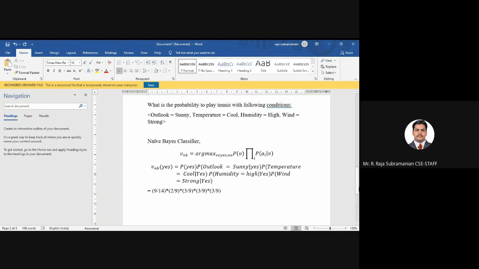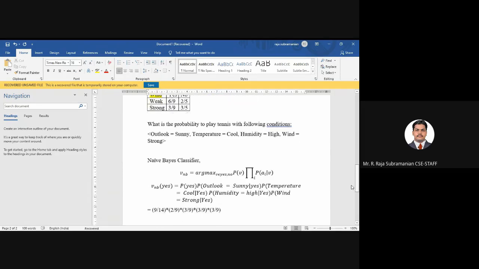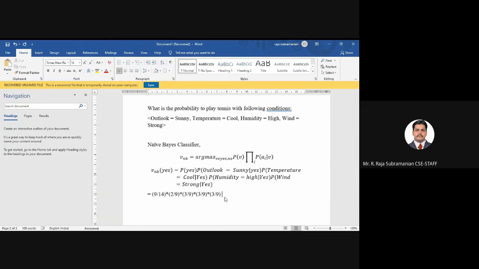Yes. So we have everything ready. We take everything from the upper values and substitute here to see the total probability, to decide whether the child will go and play tennis or not. Now I take the calculator and do this. It is 9/14 into 2/9 into 3/9 into 3 divided by 9 into 3 divided by 9.